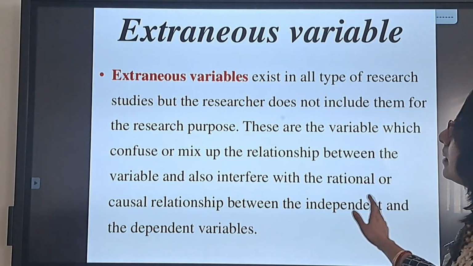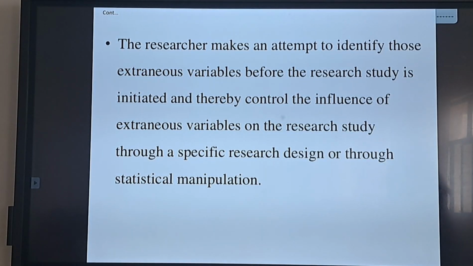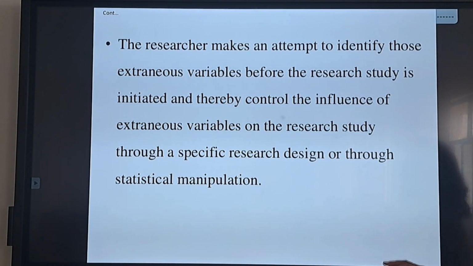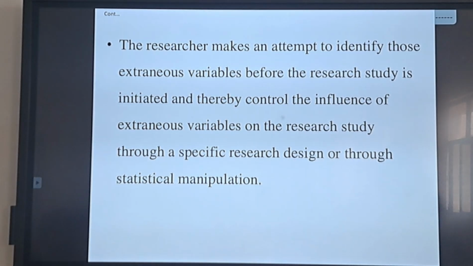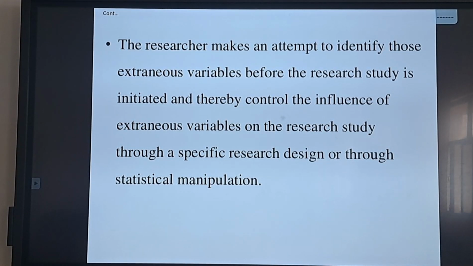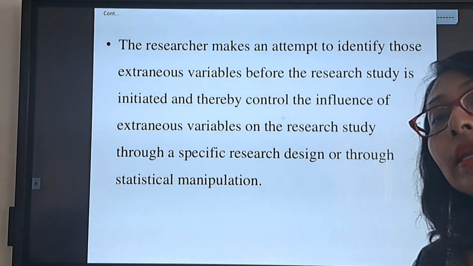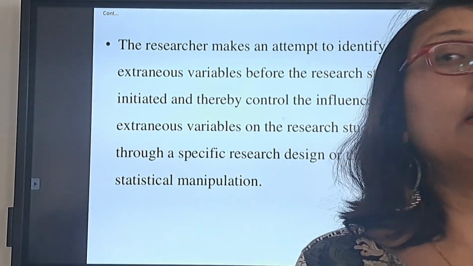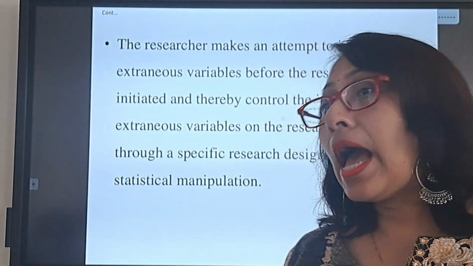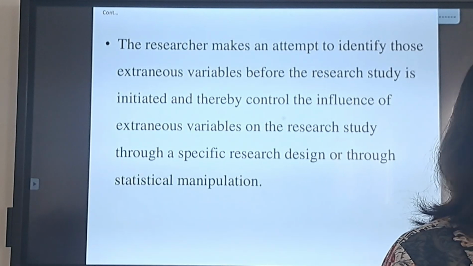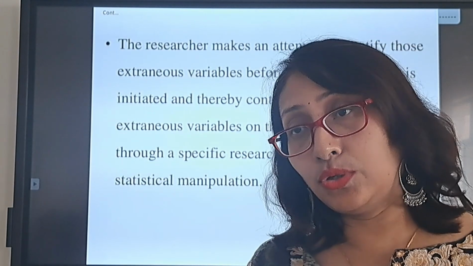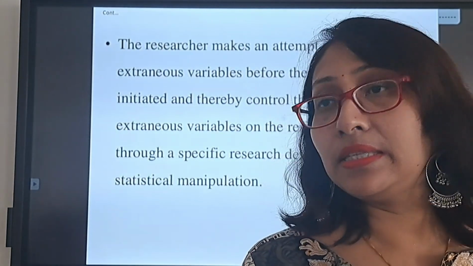Okay. Next is what you can see. The researchers make an attempt to identify those extraneous variables. Sometimes what happens, we make an attempt to identify what extraneous variables are present, and we see to some extent how we can take them out of our main study.